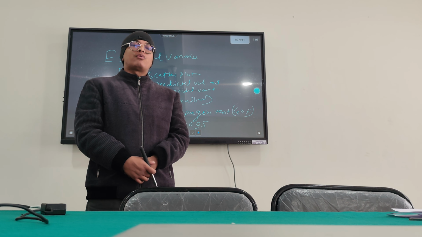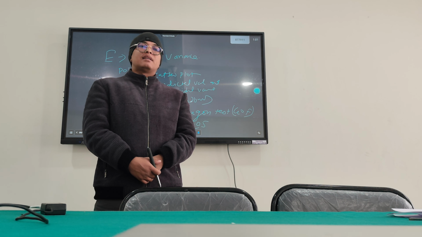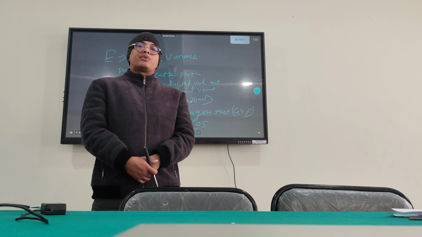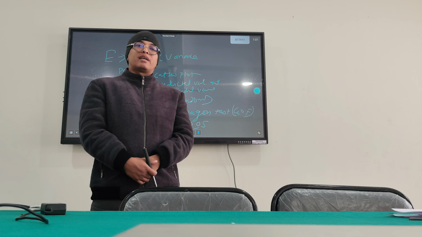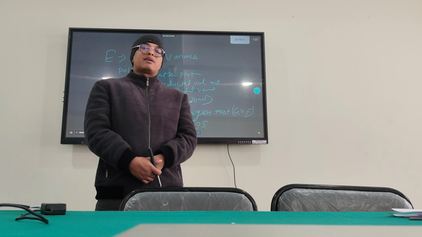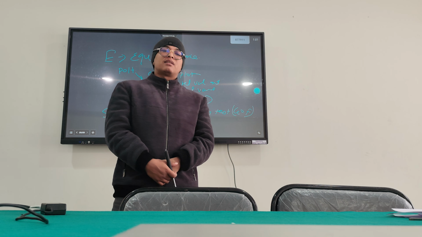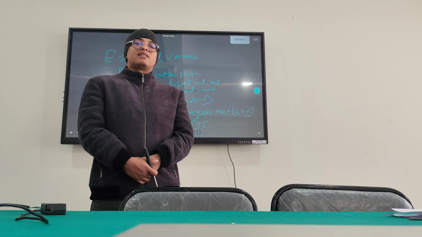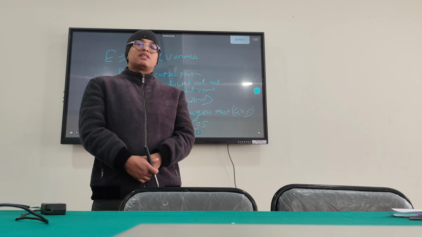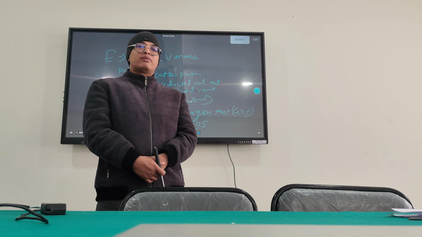You check the p-value of the F-statistic and the R squared. If the F-statistic p-value is significant, the model is good and fit. After that you have to check the residual error.